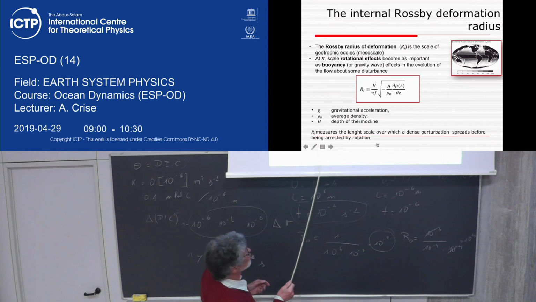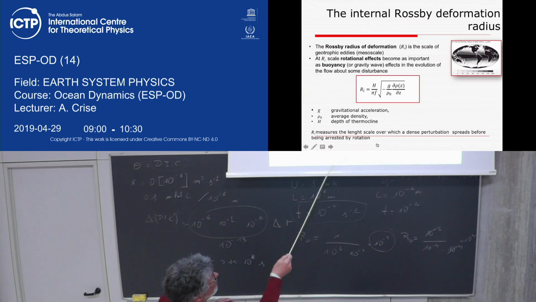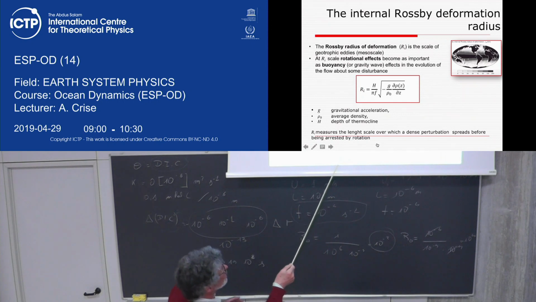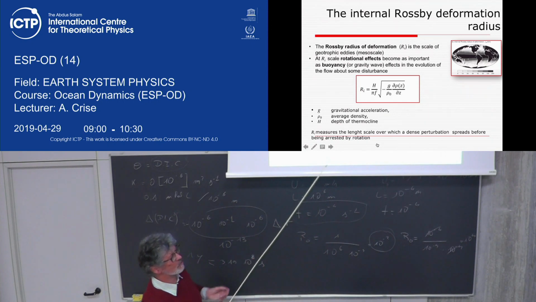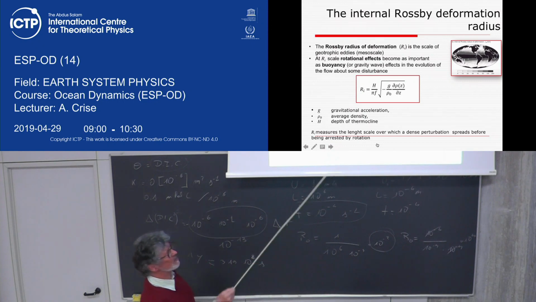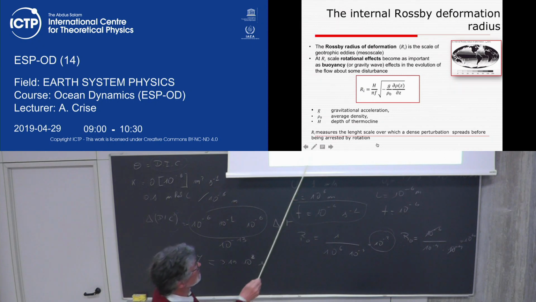Again, this is true outside the equator. And then you have the vertical density gradient. So the vertical density structure matters, multiplied by the gravity and the average density. This is squared.